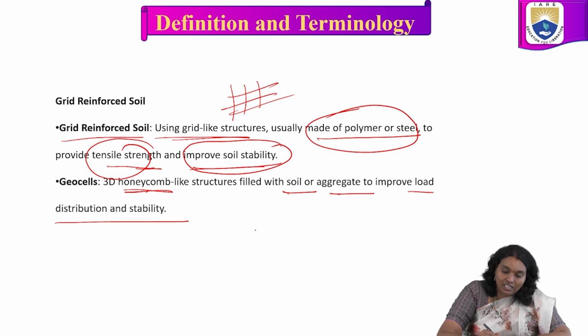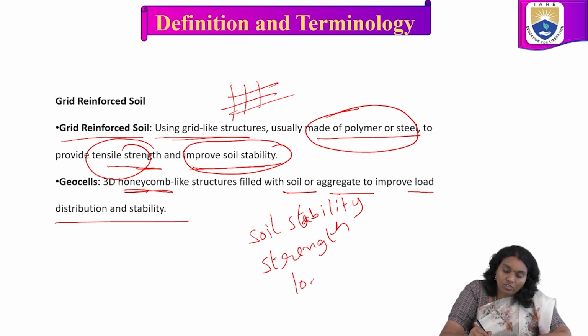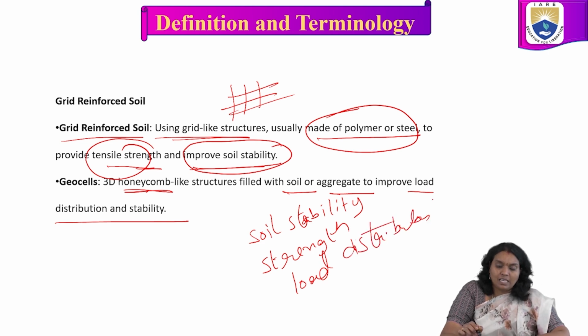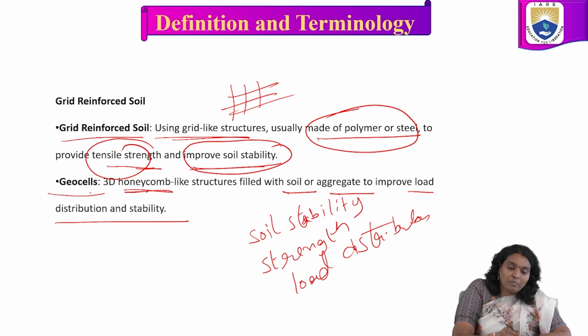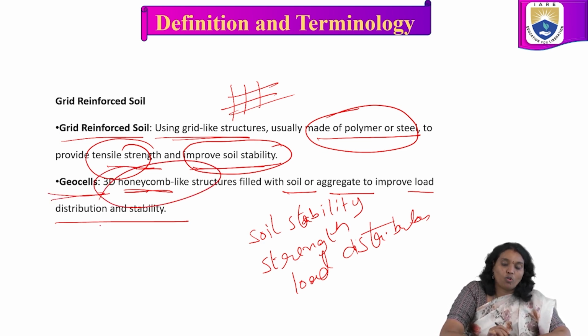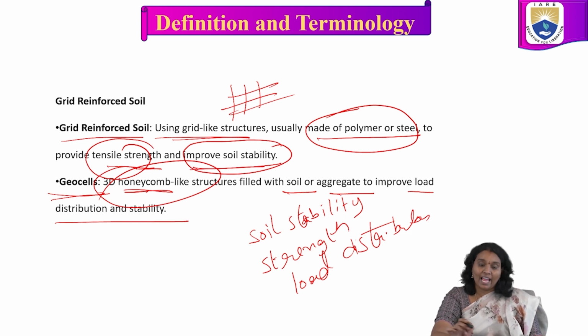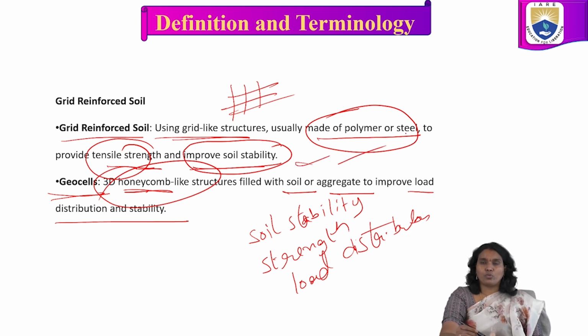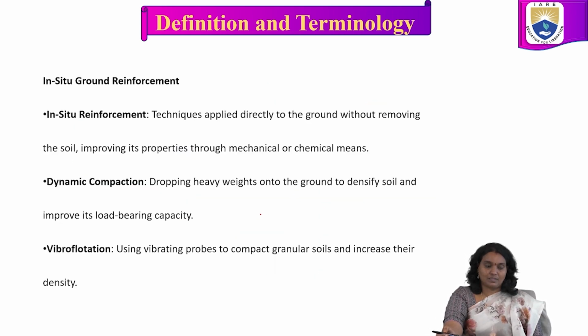Depending on whether it is soil stability, strength or load distribution, we choose accordingly. To improve the load distribution and stability, we may choose these geocells, filled with soil or aggregate, to get the desired properties.